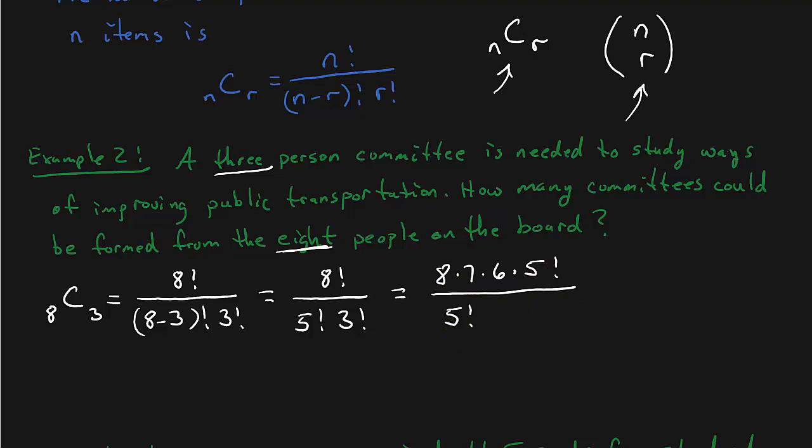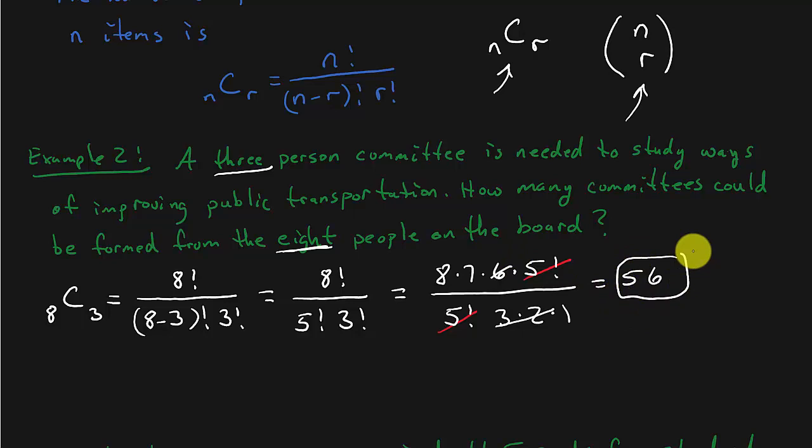The reason I did that is these 5 factorials will cancel. And then the 3 factorial, I write that as 3 times 2 times 1. Well, you can see 3 times 2, that's 6. So that 6 and that 6 are going to cancel out, and you're left with 56.